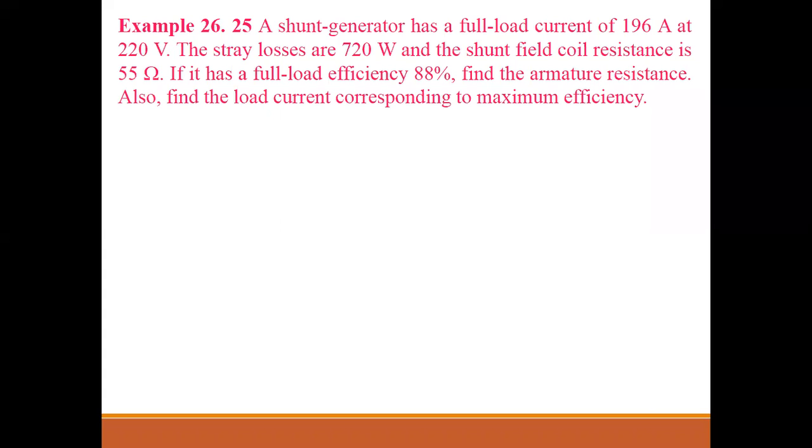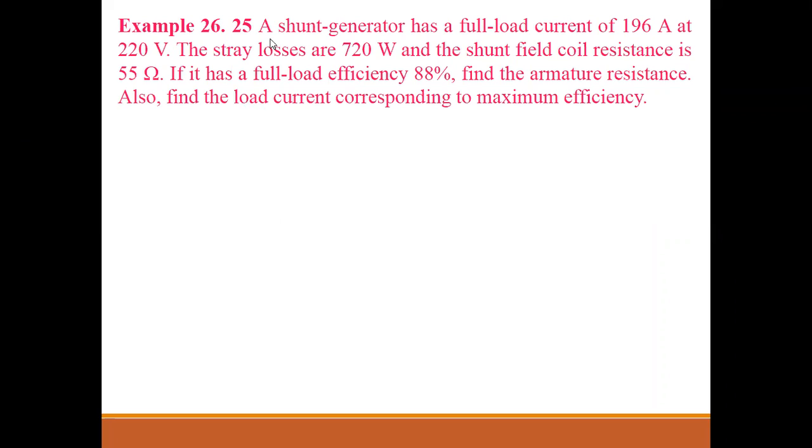So today we will see an example on the DC generator, in which we need to find the calculations of efficiency as well as armature resistance, current, and load current. So we'll start today with an example.